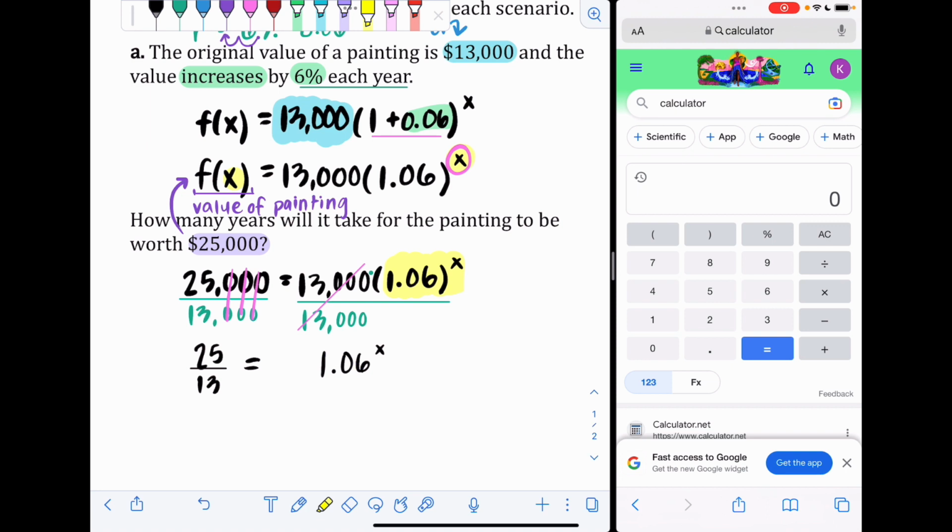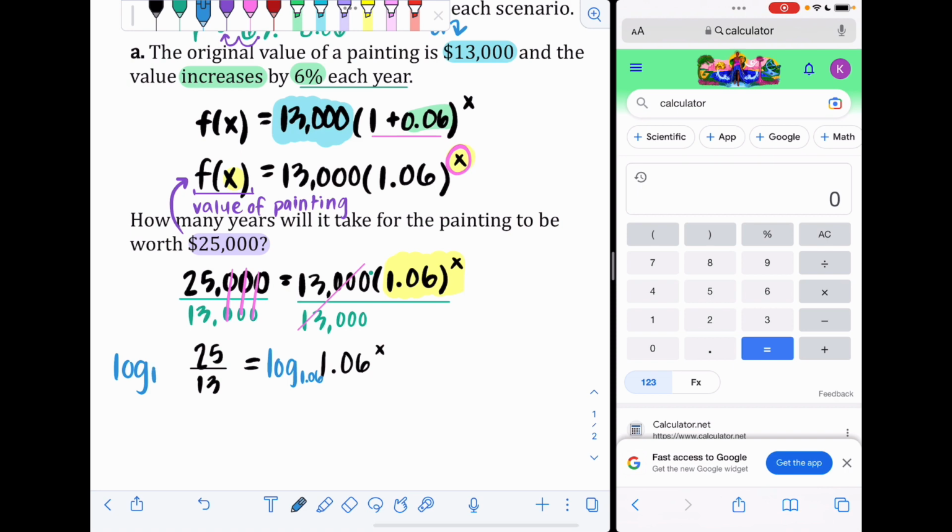So we have to cancel out the exponential by using its inverse, and the inverse of an exponential is a log. So we're going to log both sides of the equation. To do that, we have to figure out what the base should be. It has to match the base of the exponential, which is 1.06. So I'm going to log base 1.06 on both sides of the equation.